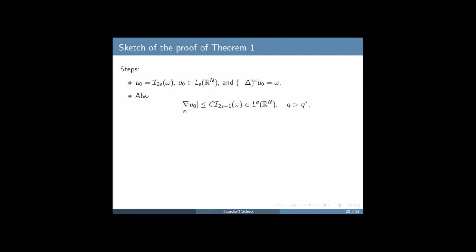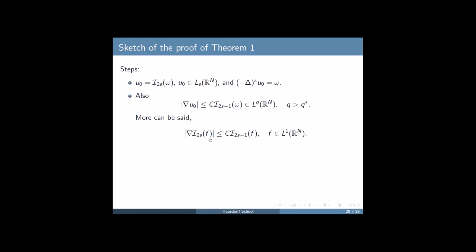Moreover, its gradient can be controlled by the Riesz potential of order 2s minus 1 of omega, and since q is greater than q star, this potential is in L^q of R^n. So here we used this assumption strongly.